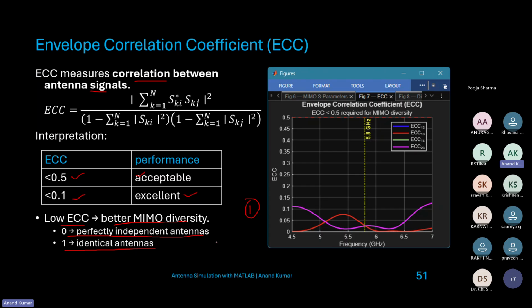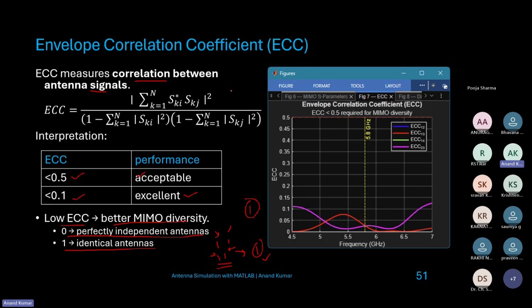For example, if you install four antennas, but you get the signal which one single antenna could have given, it's probably useless. Your MIMO is not working. But if your four different antennas are helping you in some way, improving some functionality, then it's better. The ECC is calculated from the S matrix, which we have already seen how to get.